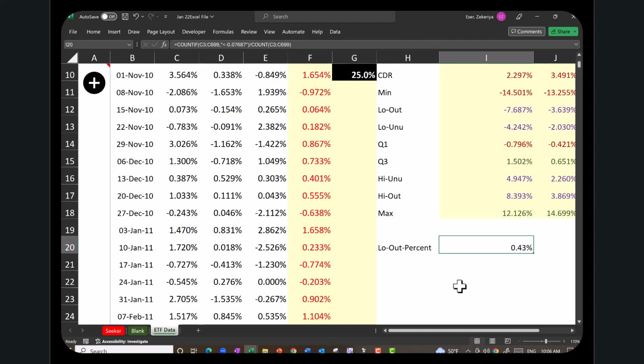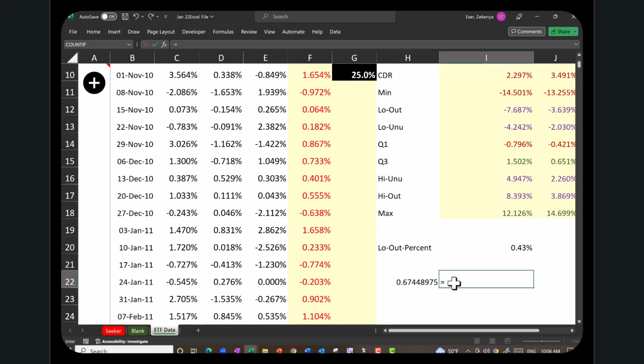In a normal distribution, you should see nothing, okay? Here, it's 0.5%. In fact, let's calculate the expected occurrence of such a number in a normal distribution. So let's first get norm s inv 0.75.